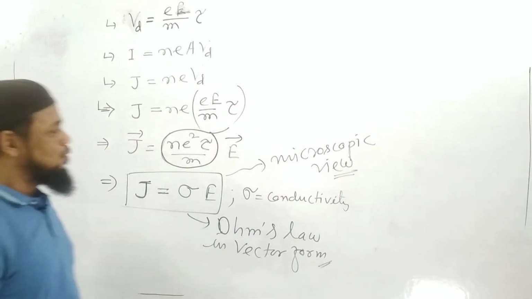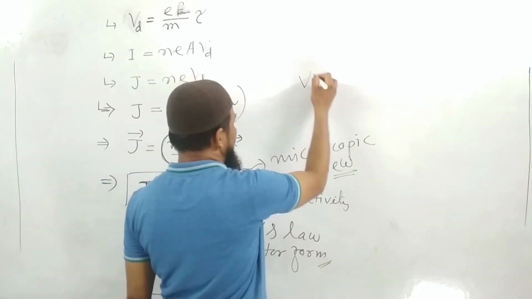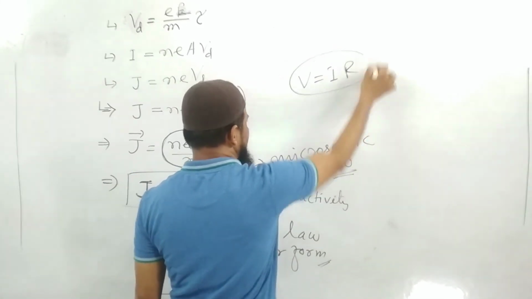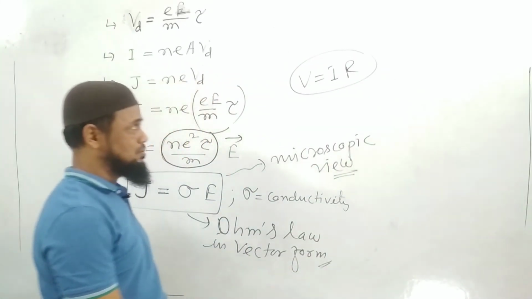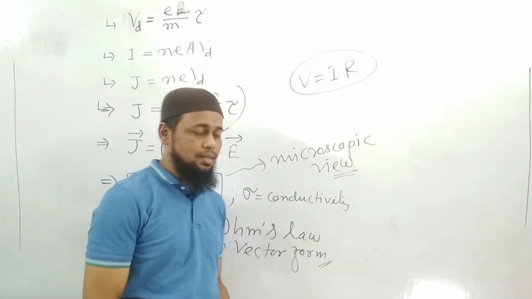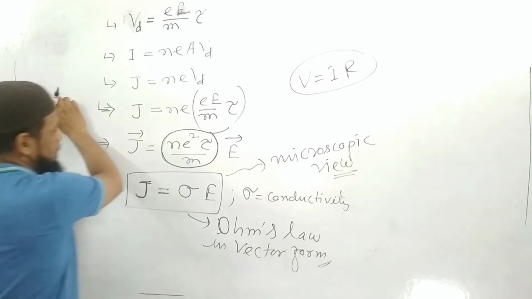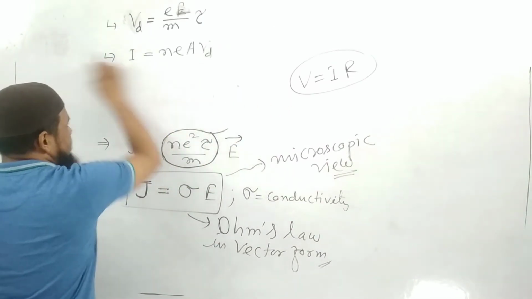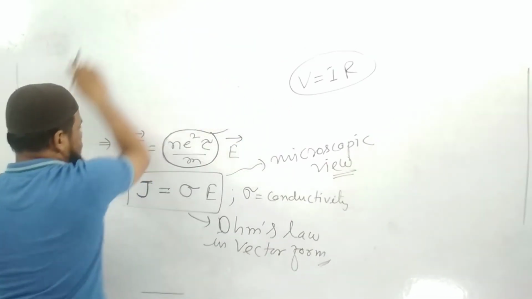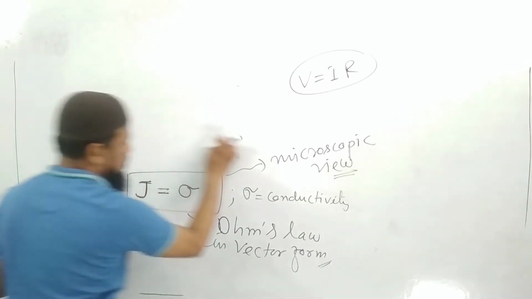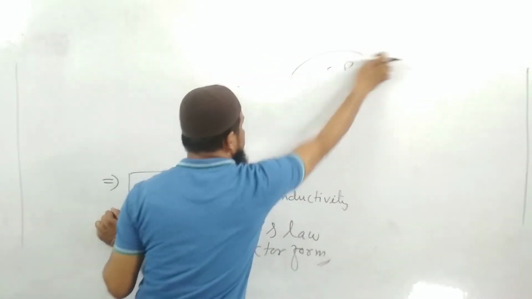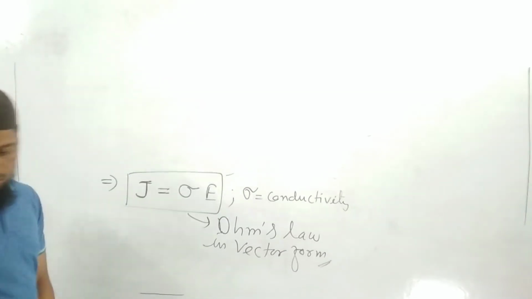When you say Ohm's law, we understand V is equal to IR, right? Actually, V is equal to IR is not Ohm's law. It is a relation we get from Ohm's law. So this is another form of Ohm's law. So let me come to it. What is Ohm's law?